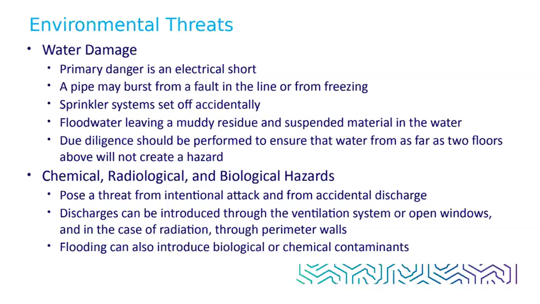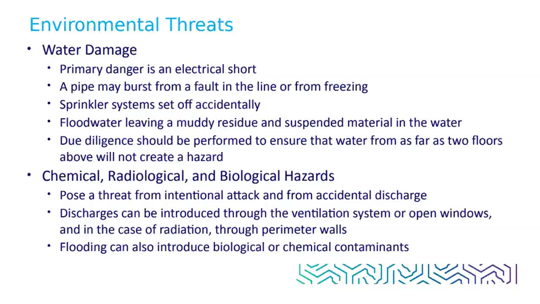So with all this, water damage is a major environmental threat because its primary danger is electrical short circuit. Water damage may result from a burst pipe, accidental sprinkler activation, flood water containing mud and suspended materials, or a leak from upper floors, which requires the organizations to perform due diligence when designing the facilities.